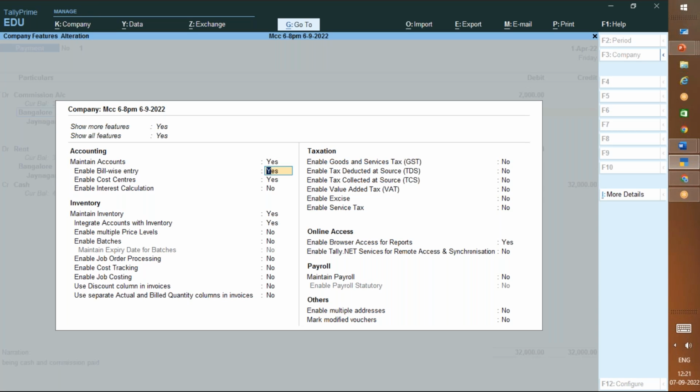Here, see, enable cost centers. F11. Enable cost centers. Do that, yes. Okay, ma'am.